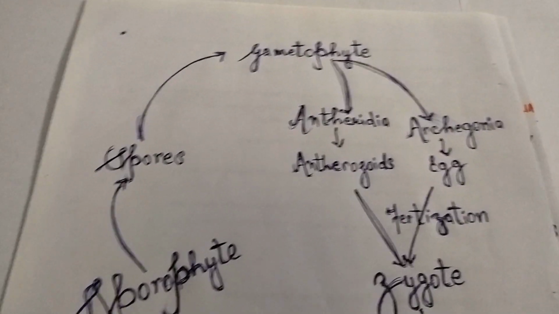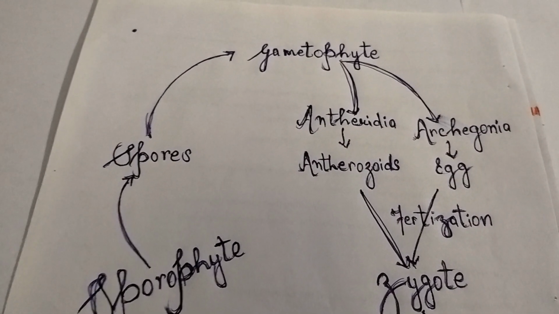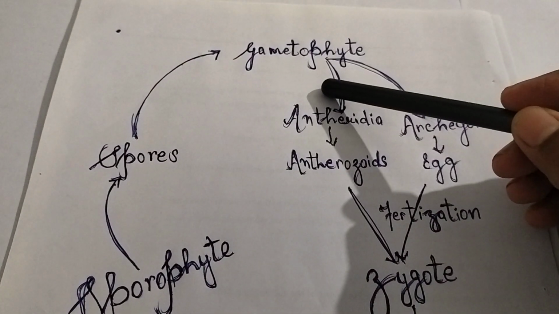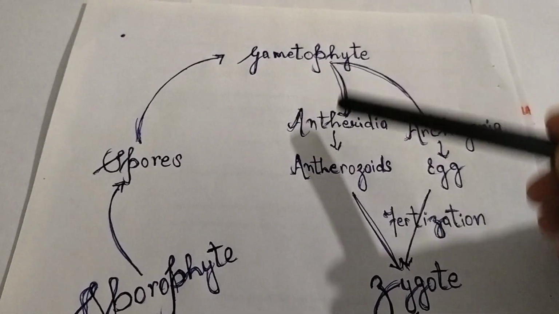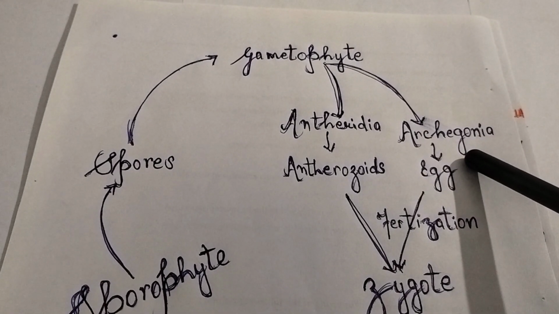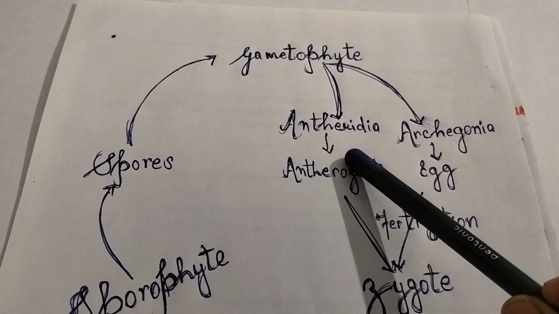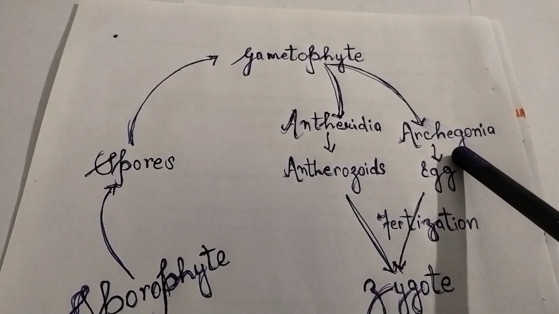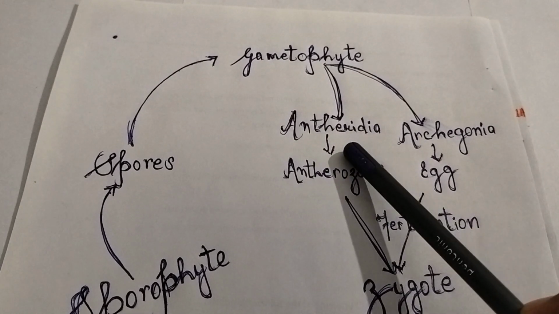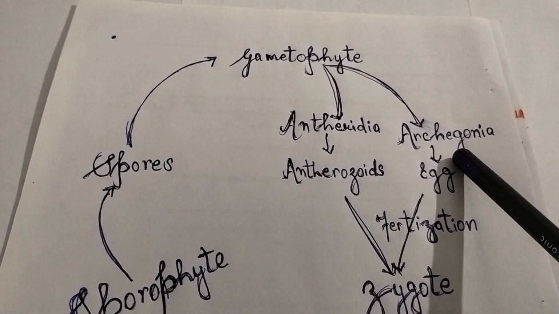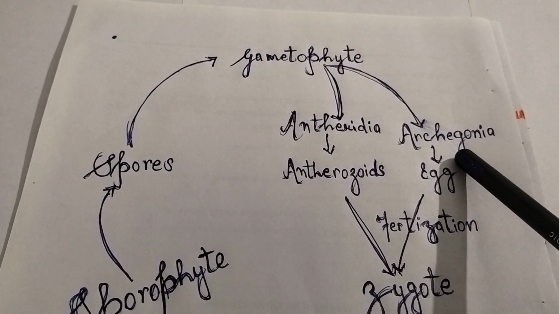The gametophyte of the pteridophytes bears male and female sex organs. See, you are studying sexual reproduction as well as life cycle. How does it go on? So, gametophyte of pteridophytes bears male and female sex organs. They are called antheridia and archegonia. If you remember bryophytes, there also it was the same. See, male sex organ is antheridia and female sex organ is archegonia.